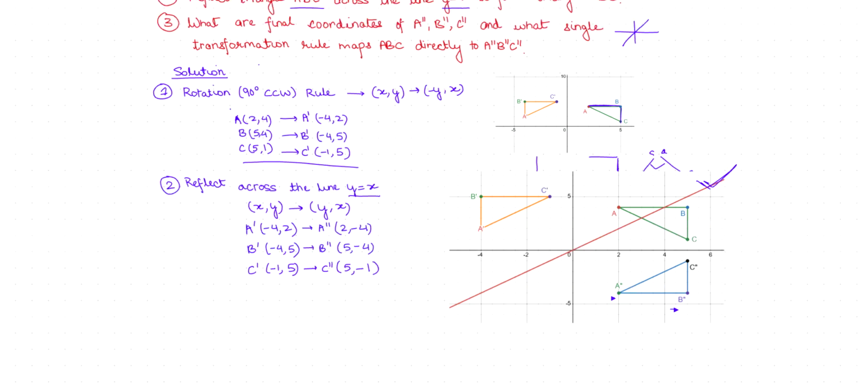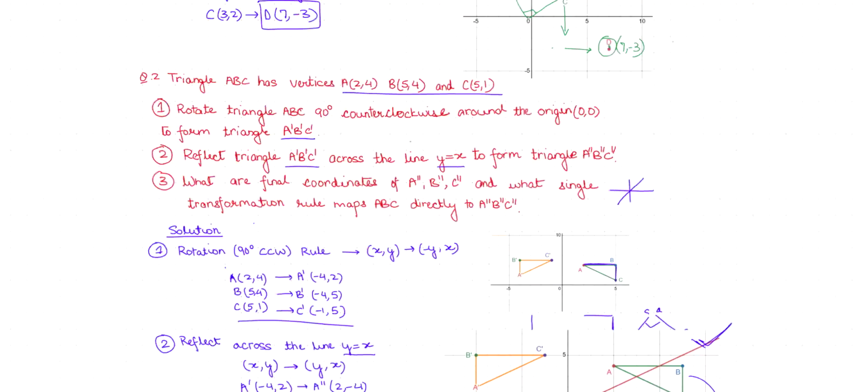Now let's see part C, which asks what single rule would have directly converted ABC to A''B''C''. So if we notice, the coordinates given to us were (2, 4), (5, 4), and (5, -1).